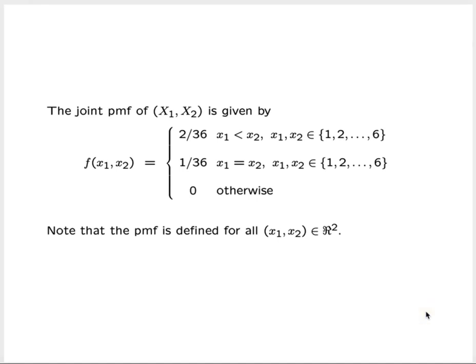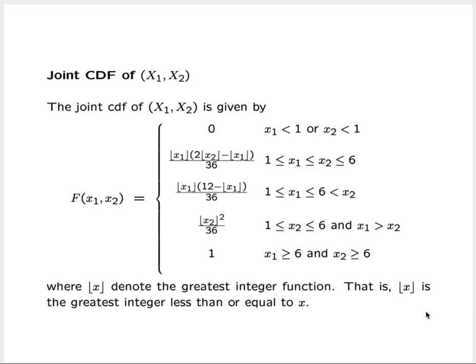And for a bivariate distribution where the random variables are discrete, it's a little bit cumbersome to write down and perhaps a little bit complicated or tedious to calculate. But for this distribution, there is a fairly nice formula for the joint CDF. And again, remember we have to define the CDF or represent it so that it's defined at every point in the plane.